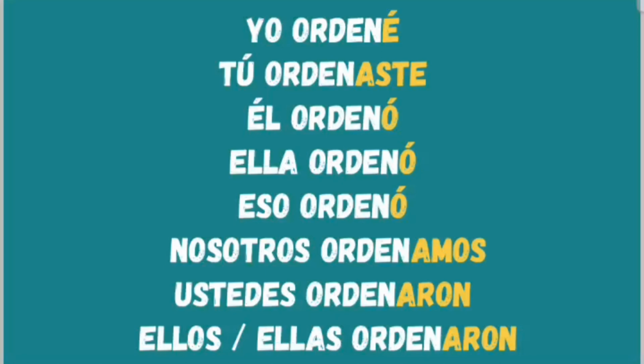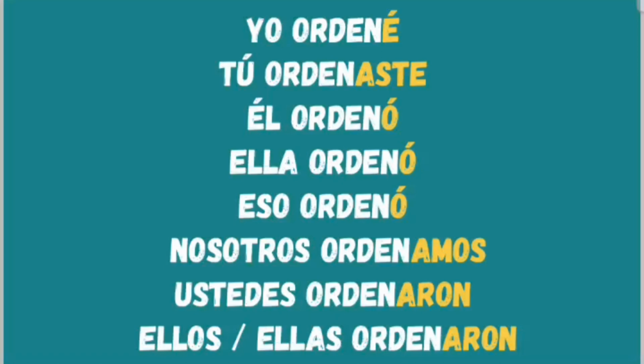Now, if you have the personal pronoun he, él, then the way you have to conjugate this in the indefinite past is él ordenó, which means he ordered. And see, the ending is letter O with an accent.